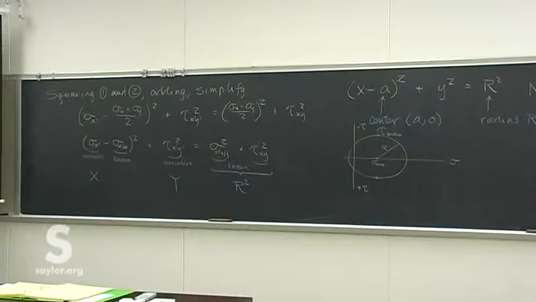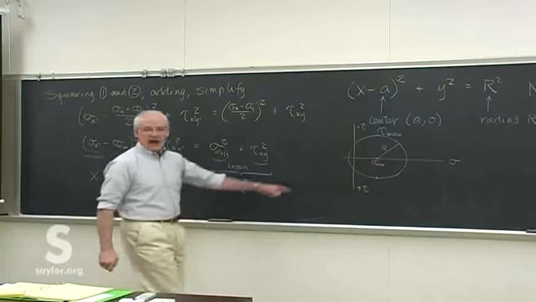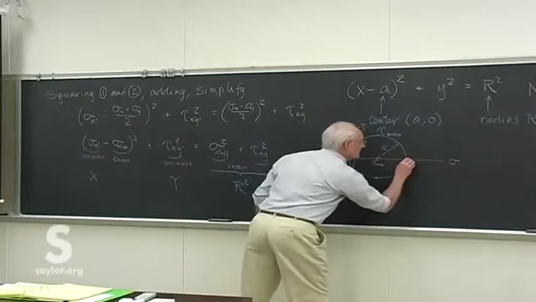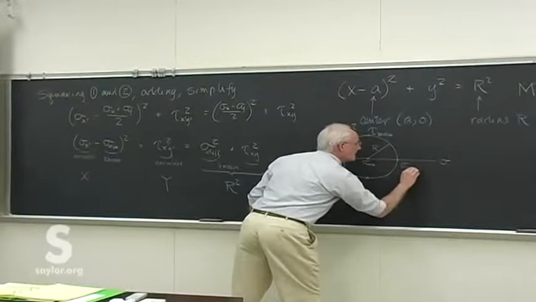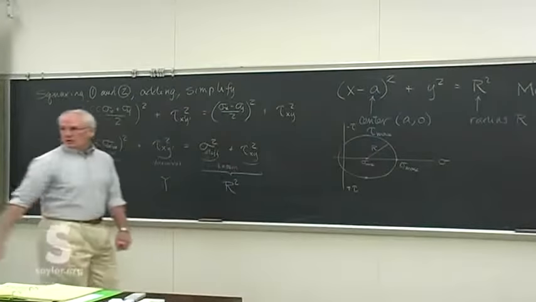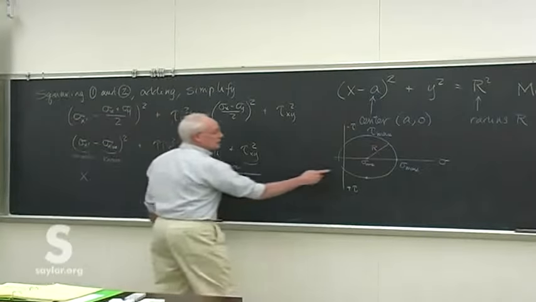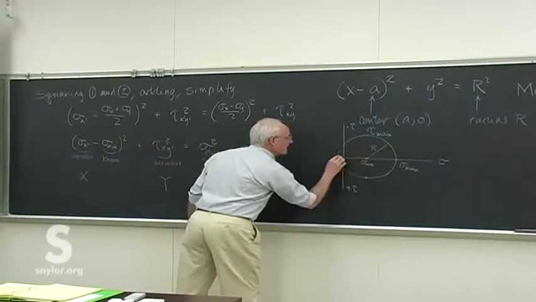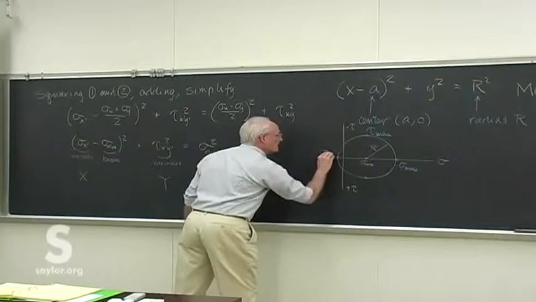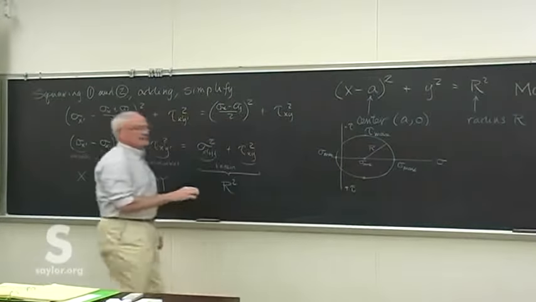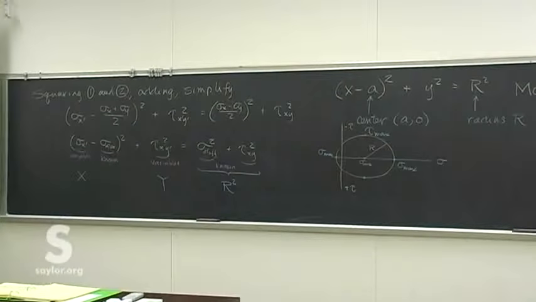And if you add that quantity R to the average stress, you get the maximum normal stress as well. That point right there would be sigma average plus R. So R is as important as sigma average is. And if you subtract R from sigma average, you get the minimum stress possible.